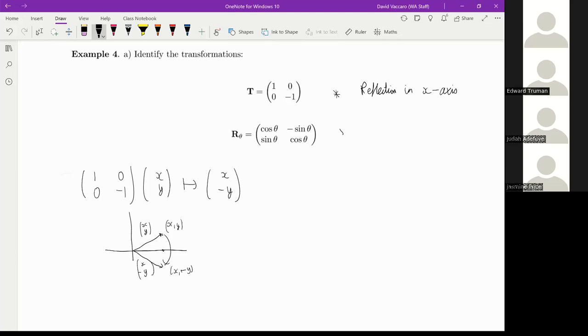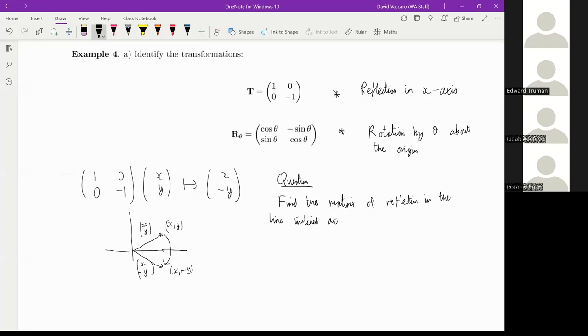And R theta we've just met before. This is rotation by theta about the origin. Okay, so my question is, find the matrix of reflection in the line inclined at theta to the x-axis.